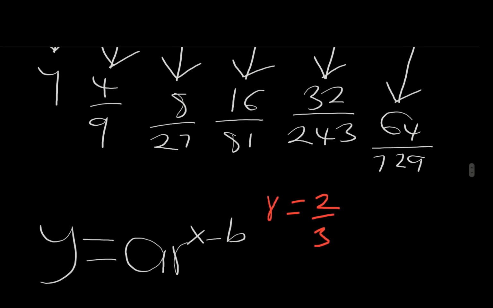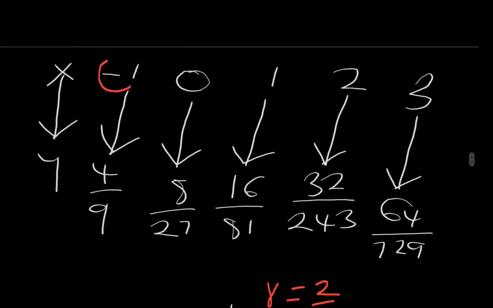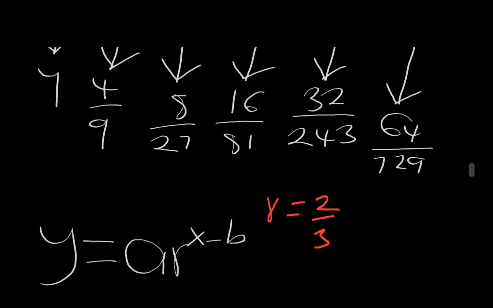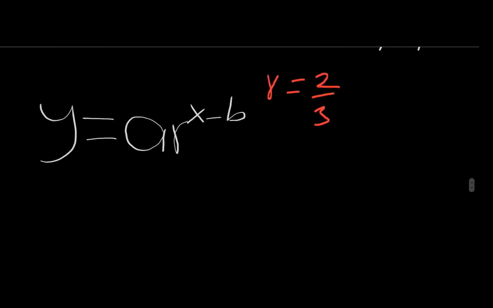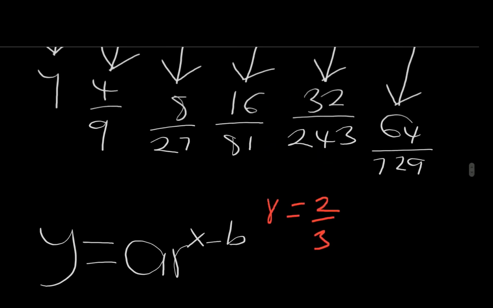Our a is the first element in the codomain, that is y1. And our b is the first element in the domain, that is s1.